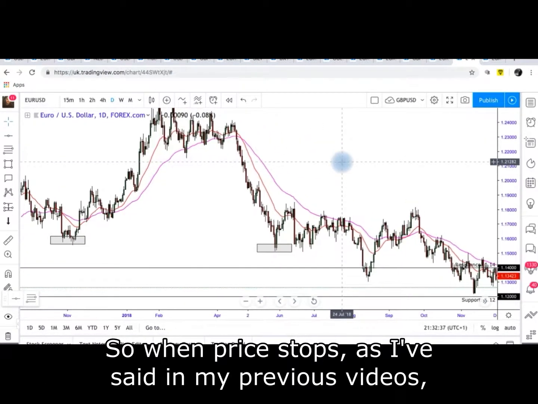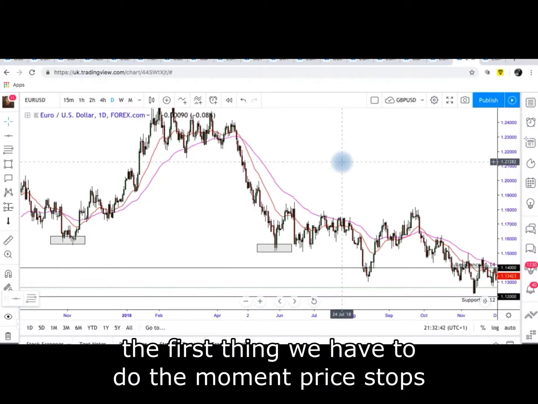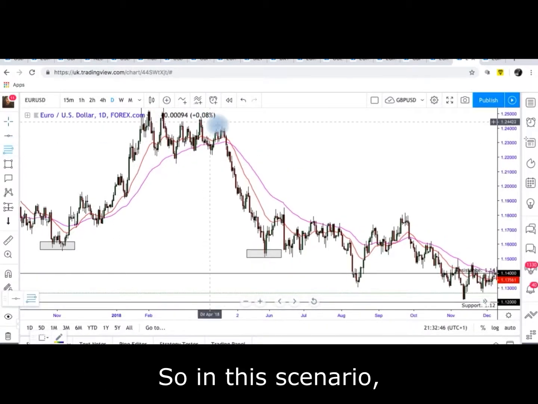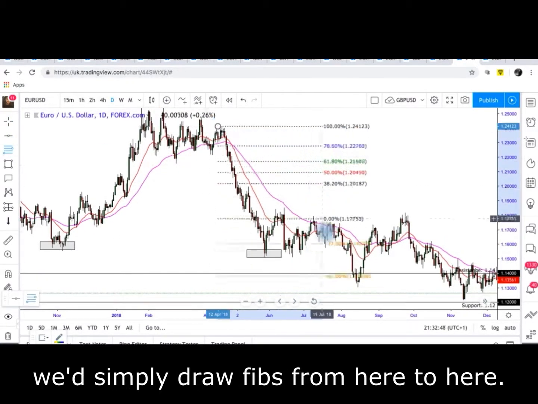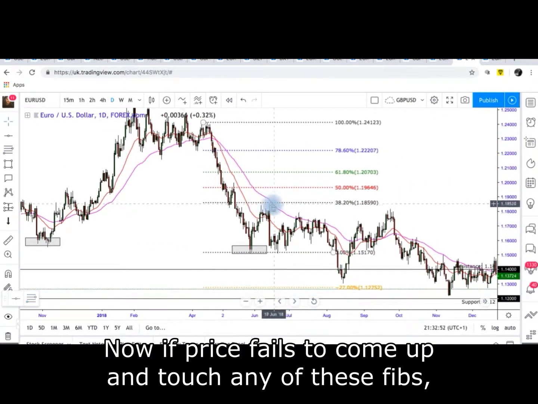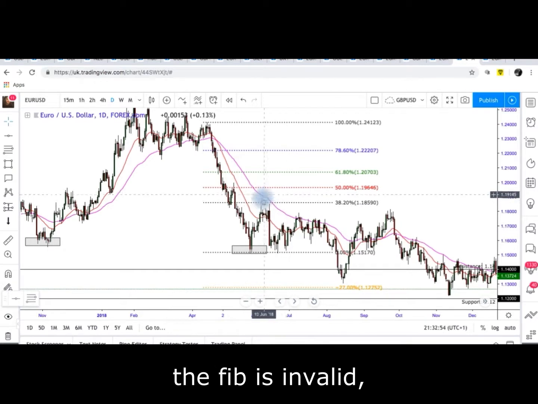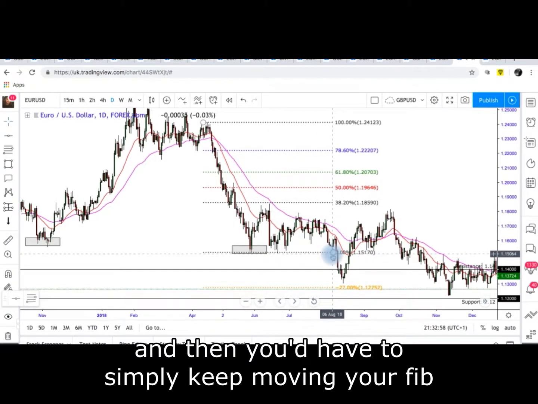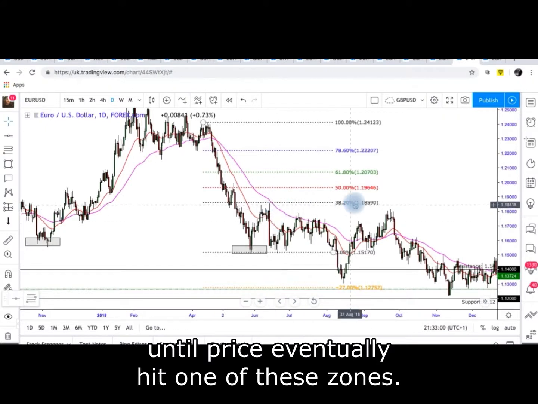So when price stops, as I've said in my previous videos, the first thing we have to do the moment price stops is draw a fib on price action. So in this scenario, we'd simply draw a fib from here to here. Now, if price fails to come up and touch any of these fibs, the fib is invalid, so you would expect price to continue, and then you'd have to keep moving your fib until price eventually hits one of these zones.